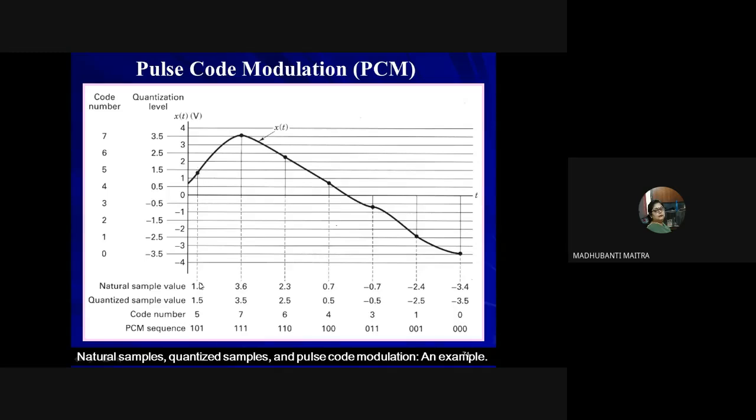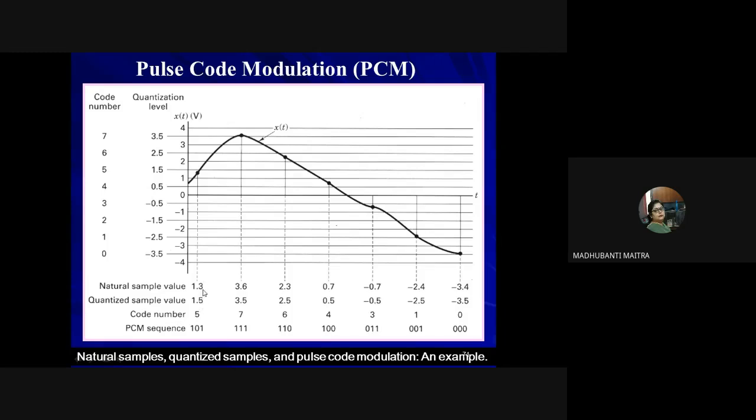Now, since the value is 1.3, this natural sample value is close to this particular level, whose voltage value is 1.5 volt, and the quantized sample value is considered to be 1.5 volt, right?